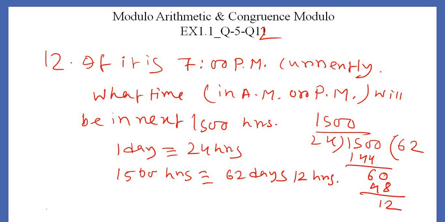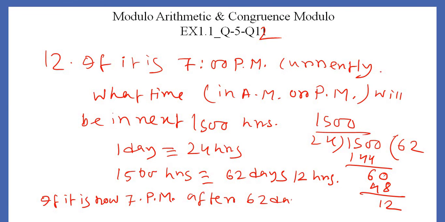That means if it is now 7 pm, after 62 days, it would be 7 pm. But also 12 hours is included there, isn't it?